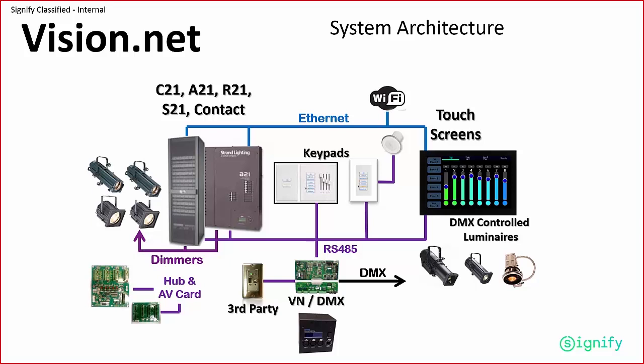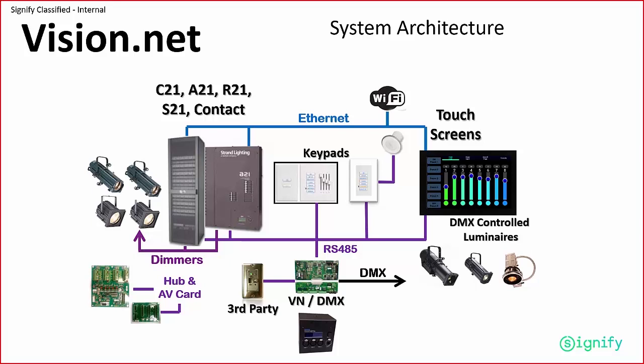Then the dimmers would go to the preset level that's been stored, and the lights would go to that level. Now that we're in a world where we're not just dealing with dimmers, we're dealing with relays, the same thing occurs, right? The relays are there in the rack, so they have their level stored directly in the rack.